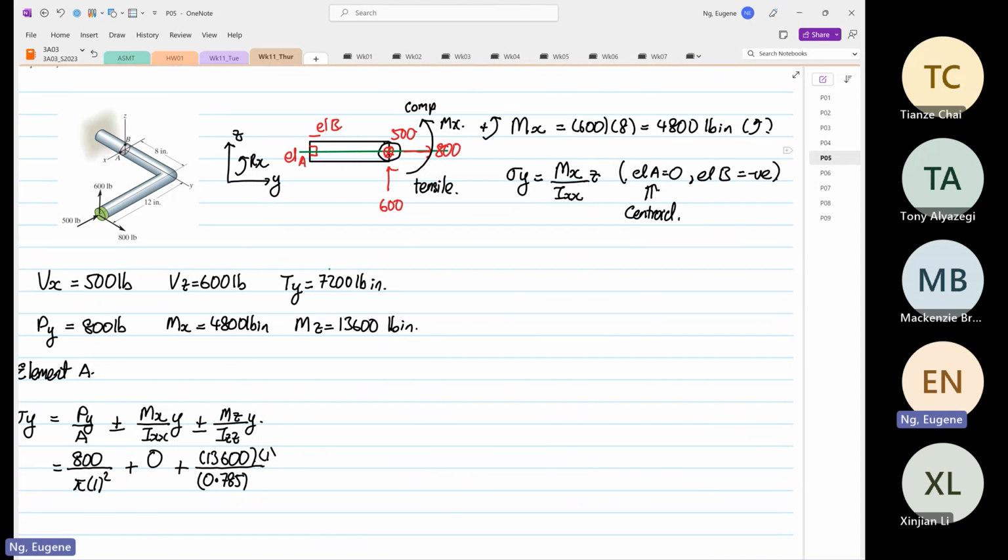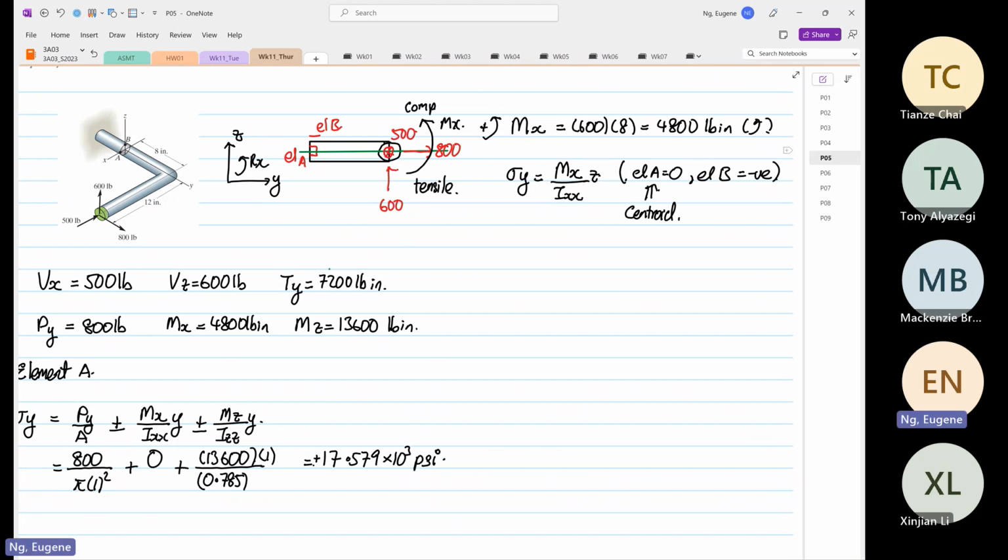The radius is 1. So this will be equal to 800 divided by pi, plus 13600 divided by 0.785, which is equal to 17.579 times 10 to the power 3 psi.